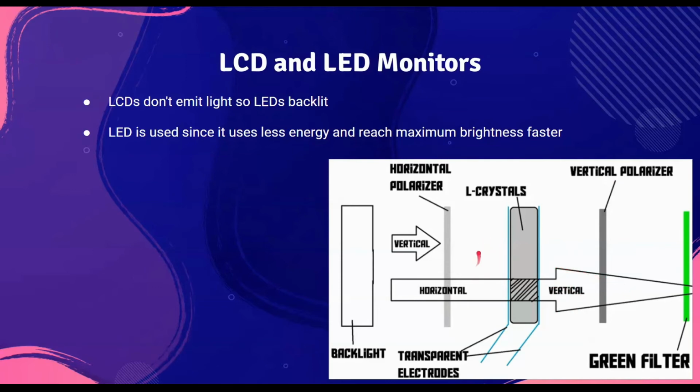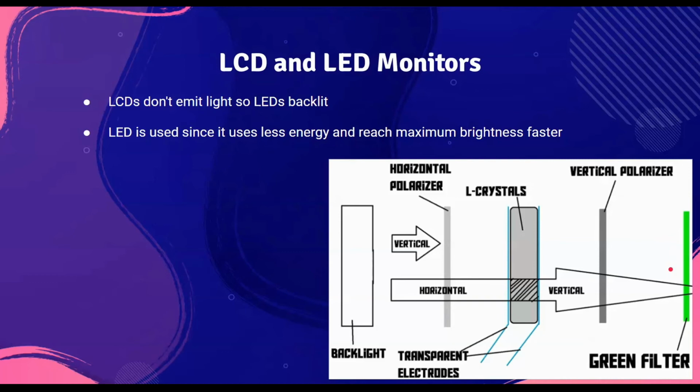These liquid crystals act like a prism, changing horizontally polarized light into vertically polarized light. This happens when the subpixel value is 255, so the light can pass through the vertical polarizer and brighten up or show a green color.